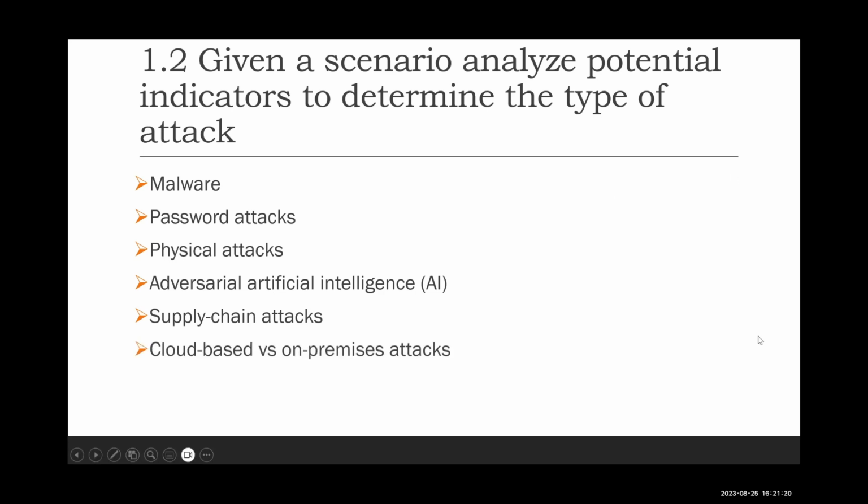Next, we have cloud-based versus on-premises attacks. These attacks refer to the difference in security measures and vulnerabilities between systems that are hosted in the cloud and systems that are hosted on-premise. Cloud-based systems often have different security considerations than on-premise systems, such as shared responsibility for security. That generally means that when you have your servers in a cloud environment, or in a multi-tenant or public cloud, there are different sets of risks and also different sets of responsibilities.